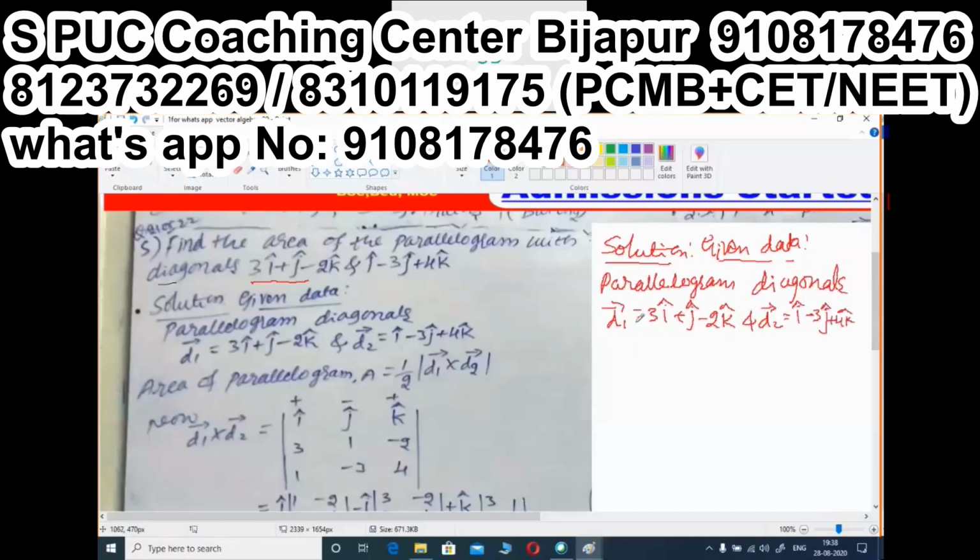Earlier you took two adjacent sides A and B, but now you are taking the diagonals, D1 vector and D2 vector.